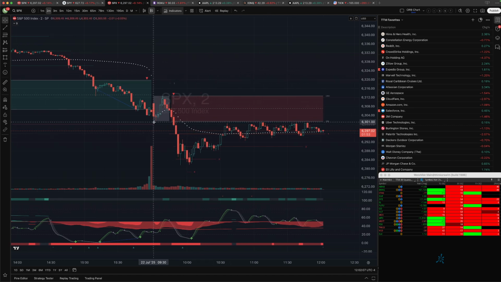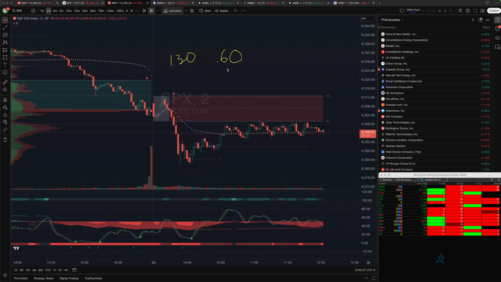As we broke this low here and I sold that call credit spread, I got $1.30, right? In my small account, I immediately put on an order to take this off at 60 cents, so a little over 50%, and I like to put that order in there.